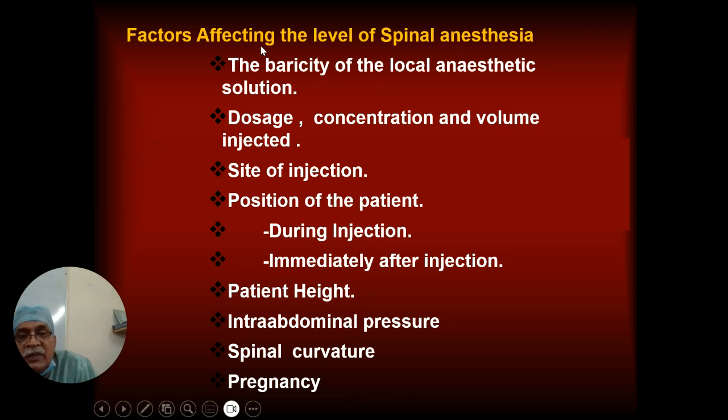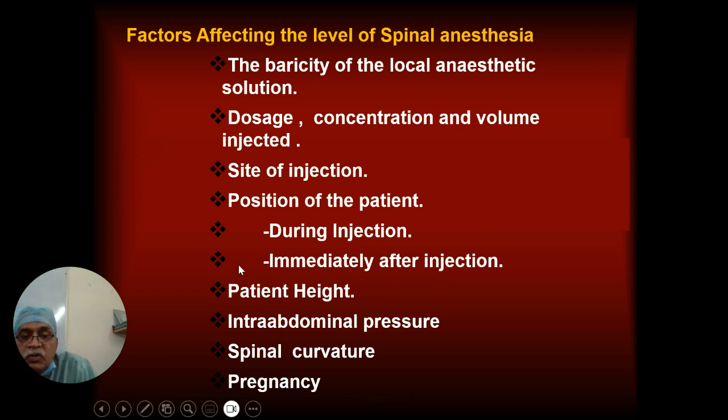Factors affecting the level of spinal anesthesia are the baricity of the local anesthetic, dosage, concentration and volume injected, and site of injection. The higher the injection, the more likely it is to spread. Position of the patient at the time of injection and soon after the injection matters.